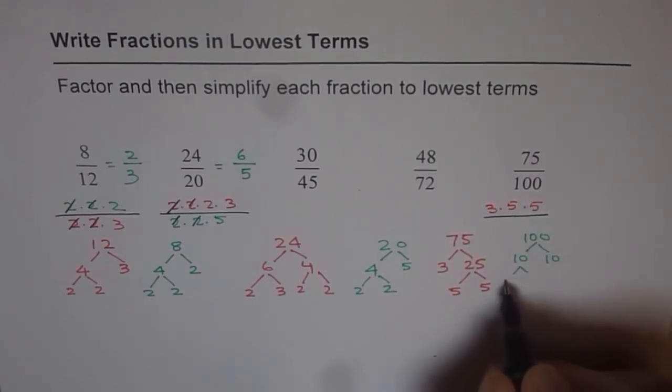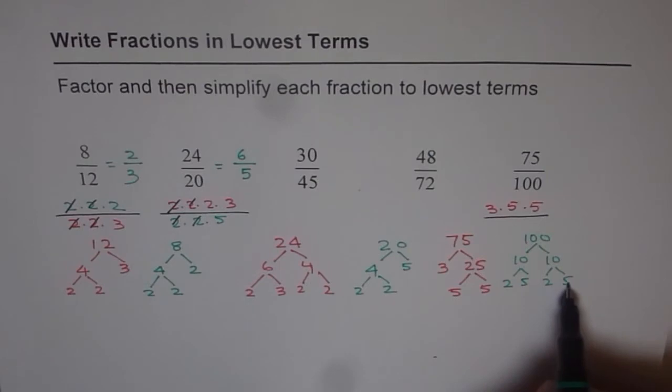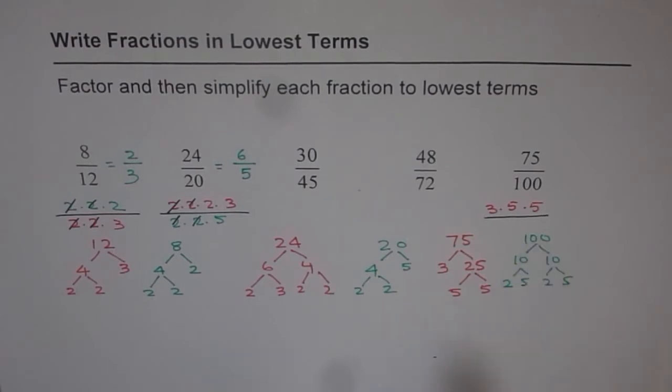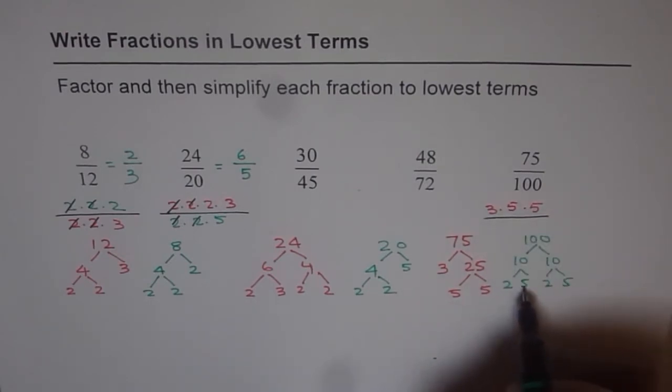And 10 could be written as 2 times 5. When you multiply 10 times 10, you get 100. Do you see how the factoring tree works? All these prime factors when multiplied give the product as the number itself.